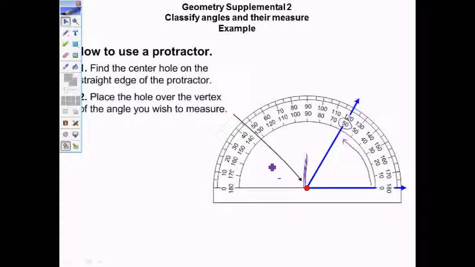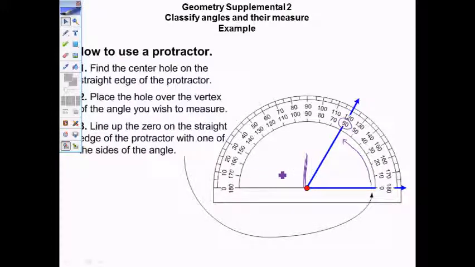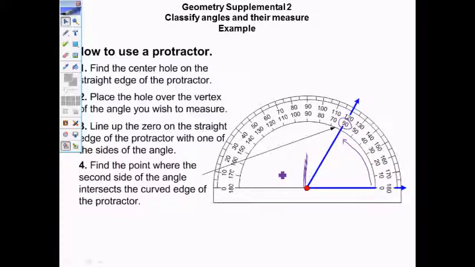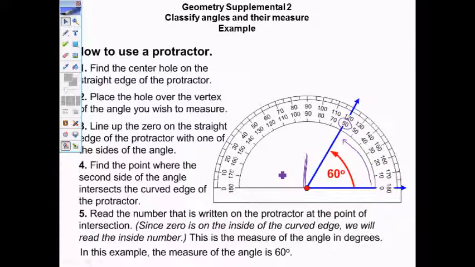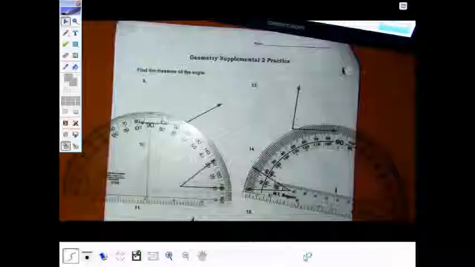If it's opening past that square, then you would want the bigger number. Does that help? So then we line it up and we find the point, and there we go, 60 degrees. Let's look at that with an actual real one.